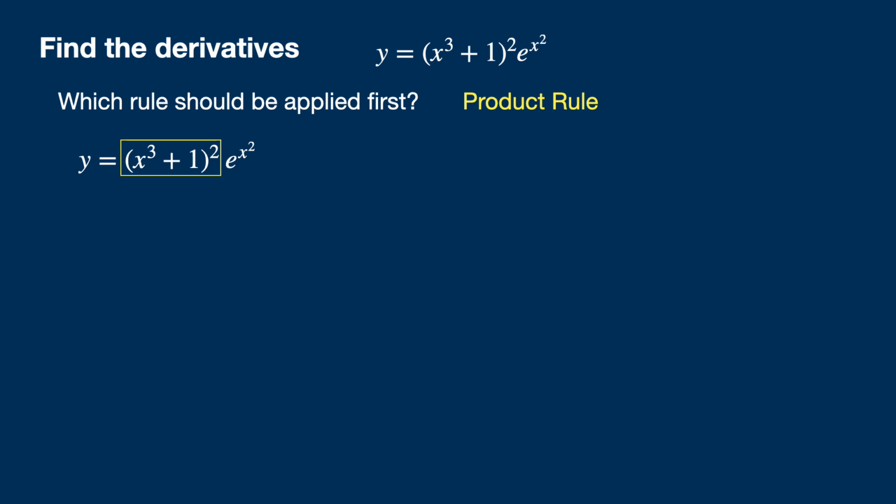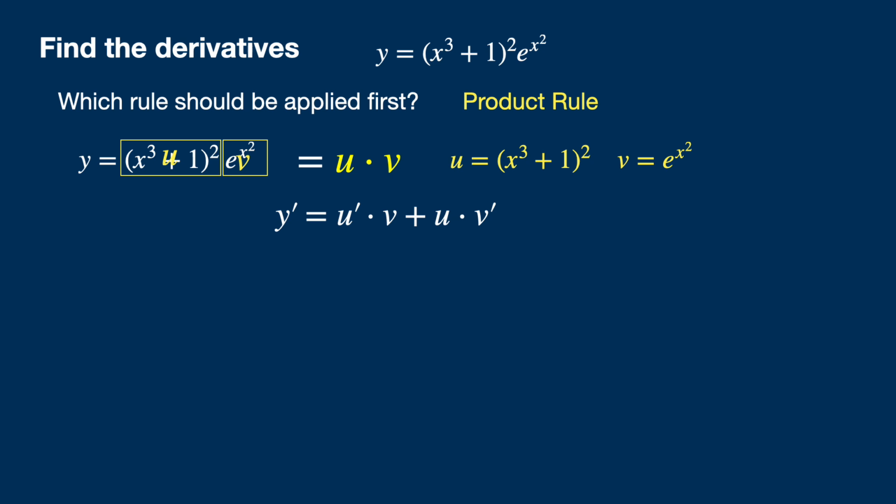The first one is (x cubed plus 1) squared. The second is e to the x squared. The first one is u, the second is v, so that's u times v. First you apply the product rule: y prime is u prime times v plus u times v prime.